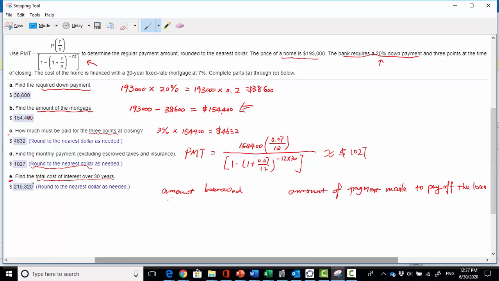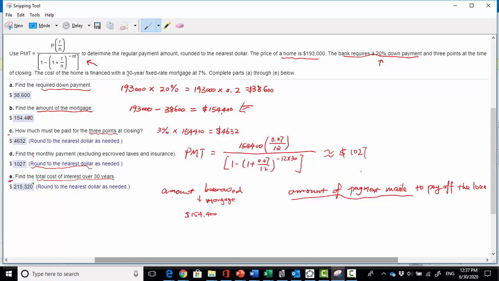In our case, the amount borrowed is the mortgage, and we already know how much that is. It is $154,400.